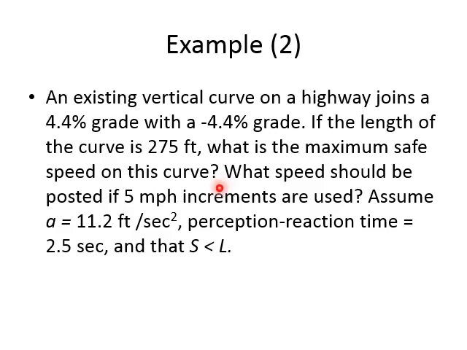Again the constants are given, deceleration rate and the reaction time, and the condition is given that stopping sight distance is less than L. Since the length is given, using the length I will calculate the sight distance here. A will be 4 minus negative 4.4, so it will be 8.8. Length is 275, so the sight distance is 259.69 feet.